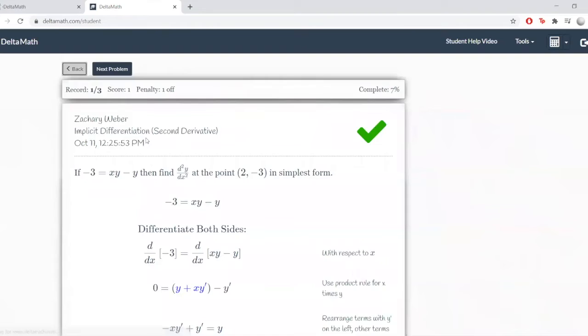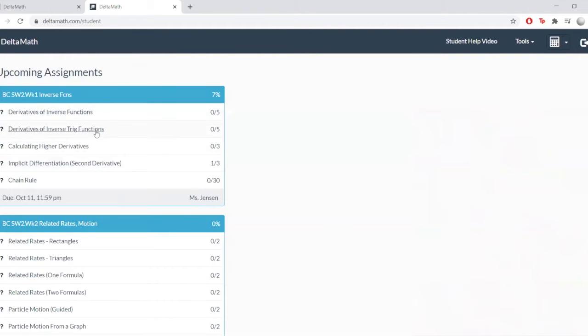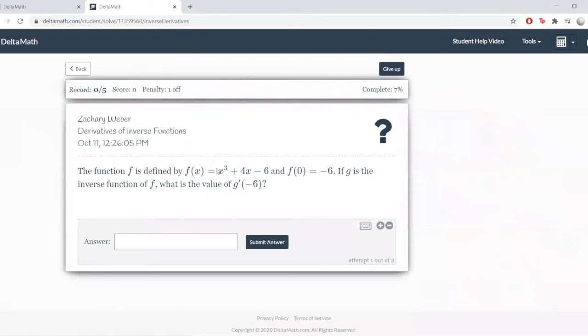And then, let's see, I think it was this one. Okay, inverse function, something like this. The function f is defined by this, right? They give you f of 0 equals negative 6. If g is the inverse function of f, what is the value of this one?